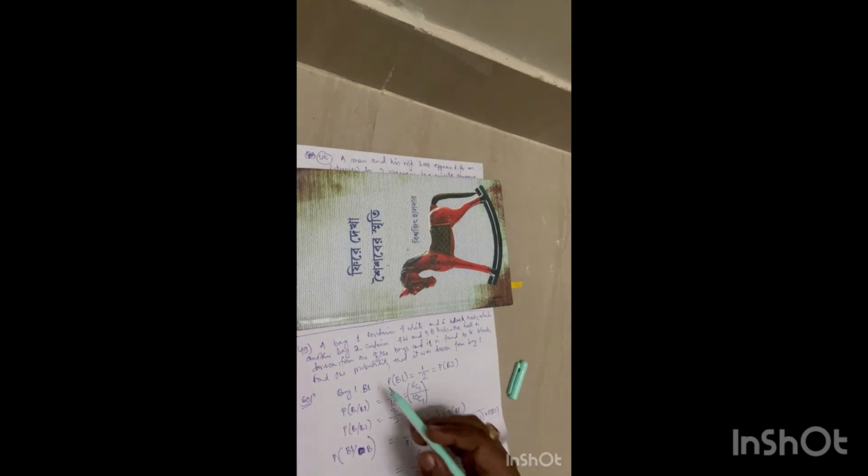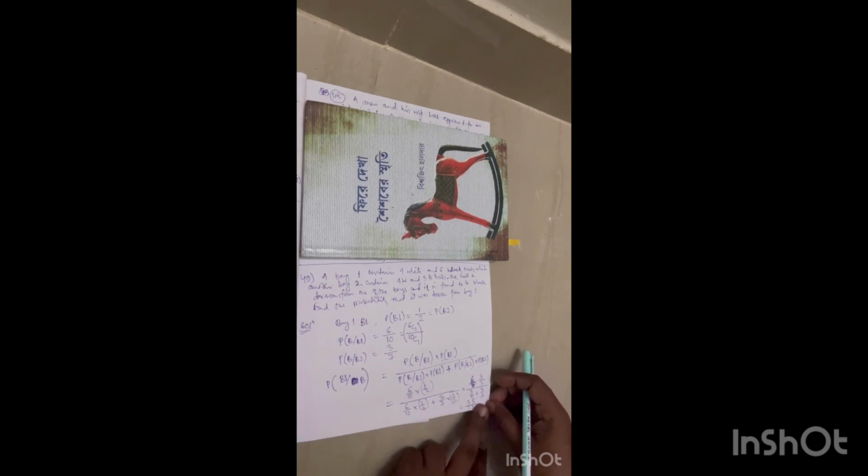So if I am making any mistake anywhere, the probability of picking a black ball out of this, half of it will be cancelled out. This is coming 35 by 12.